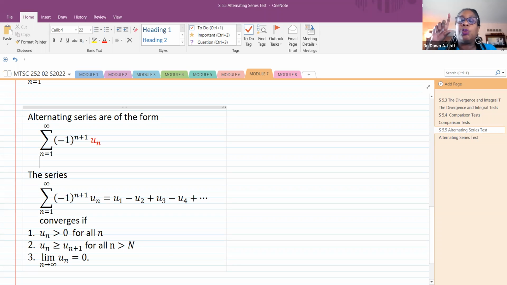In other words, the terms must be decreasing in magnitude. And then the last is the limit as n approaches infinity of the UN term has to equal 0. Okay, so this is the alternating series test. You must check 1, 2, and 3. If 1, 2, and 3 are true, then the series converges.